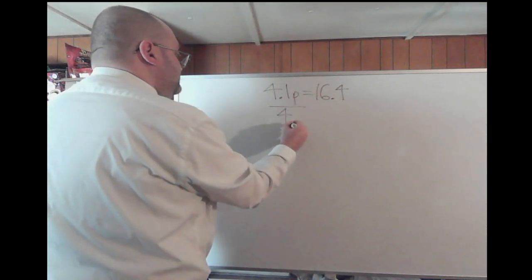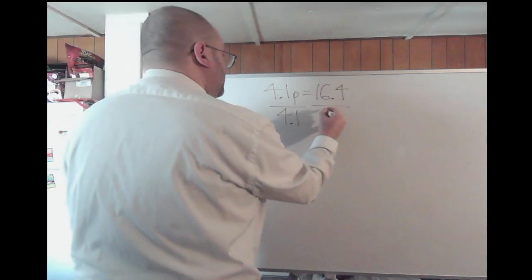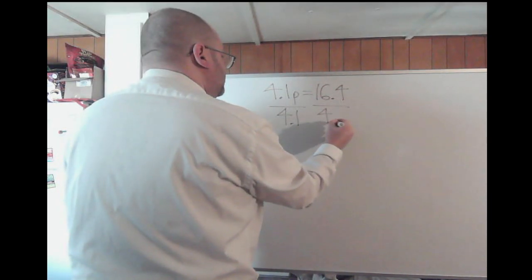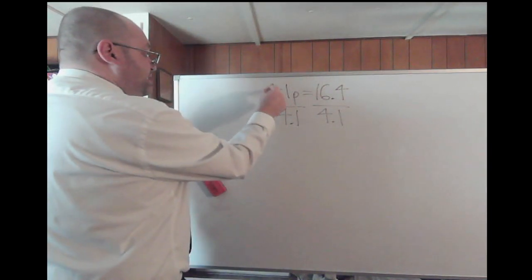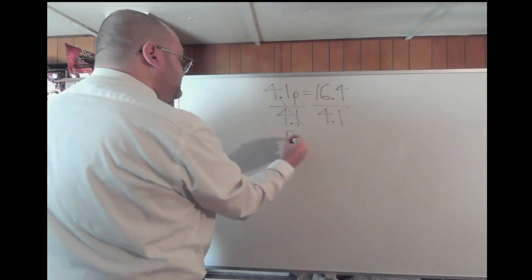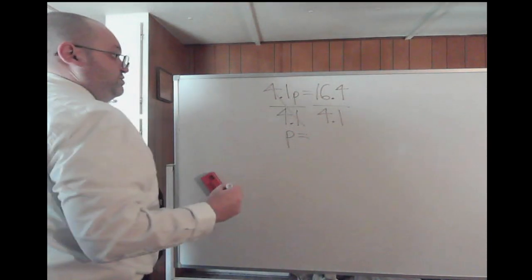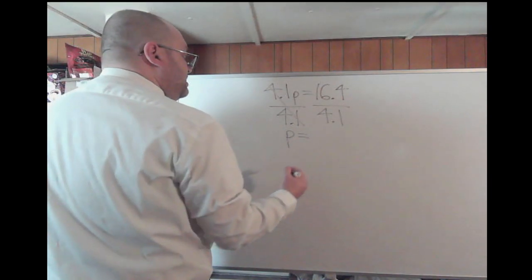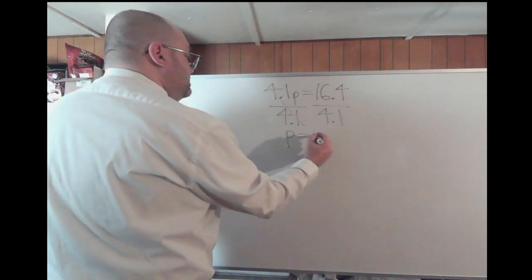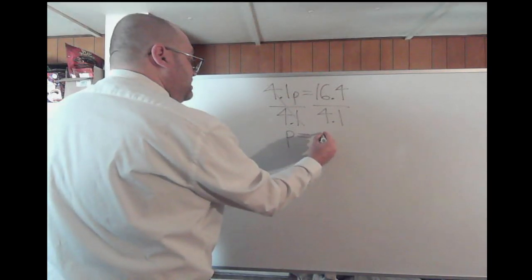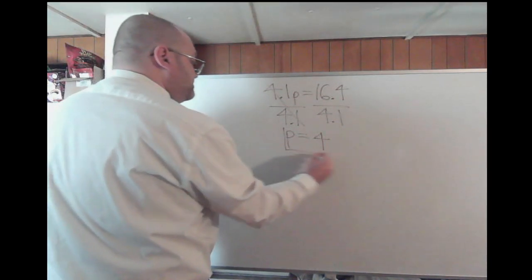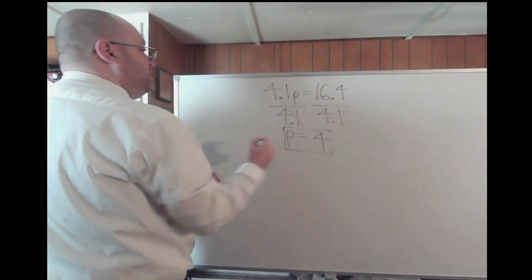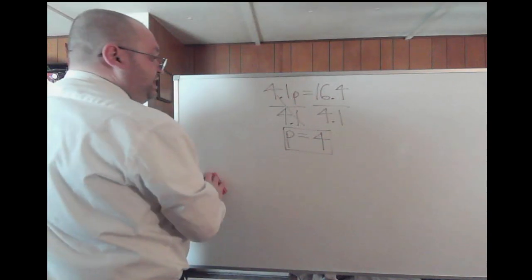But what you do to one side, you got to do to the other. So 4.1's on the left side will cancel out. You'll just have p by itself is equal to 16.4 divided by 4.1. Well, I happen to know that that's going to be 4. So p equals 4.